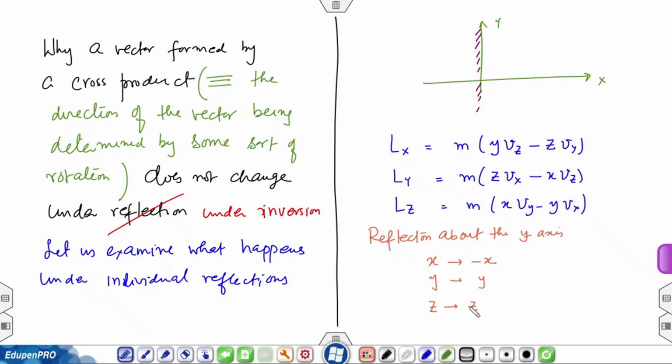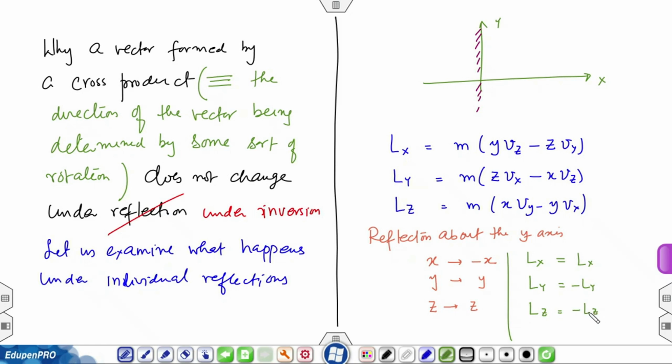Same thing is true for the component of v vector also, and therefore, Lx will remain as Lx, Ly would become minus Ly, and Lz will become minus Lz.